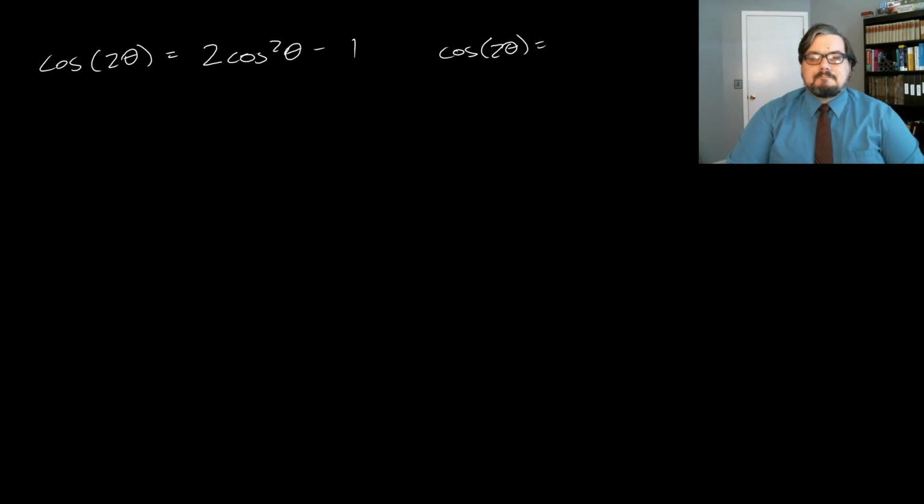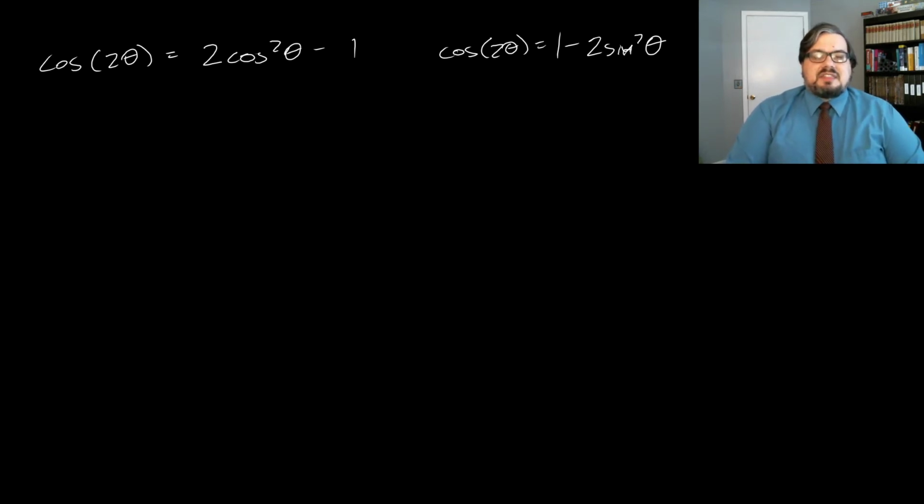So let's look back at our double angle identity for cosine. We've got cosine of 2 theta is equal to, well, we've got a few different forms of it, but the two that I want to focus on are 2 cosine squared theta minus 1 and 1 minus 2 sine squared theta.